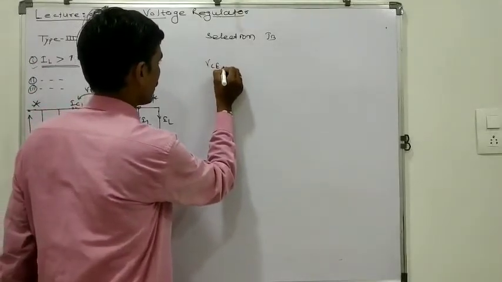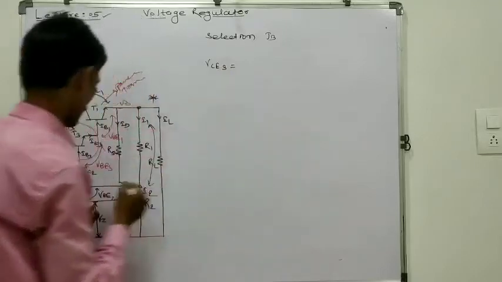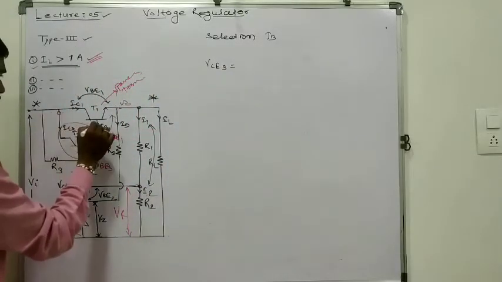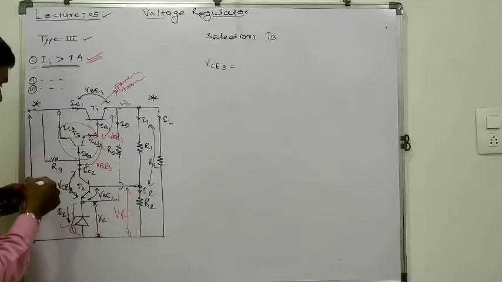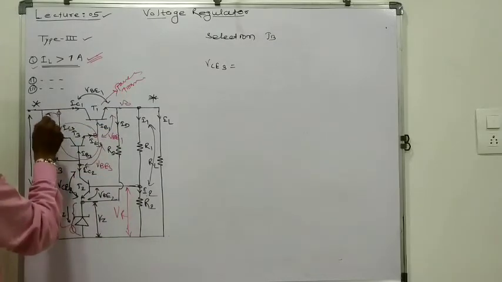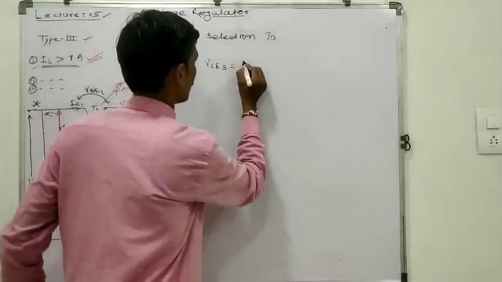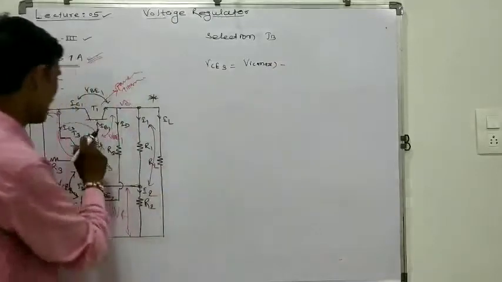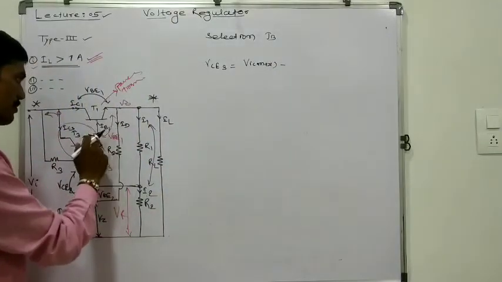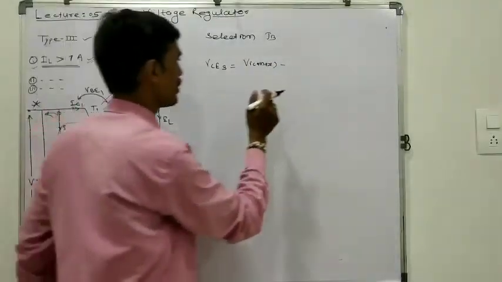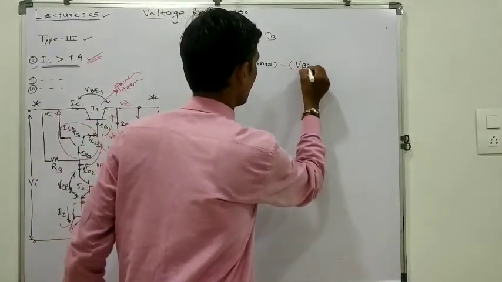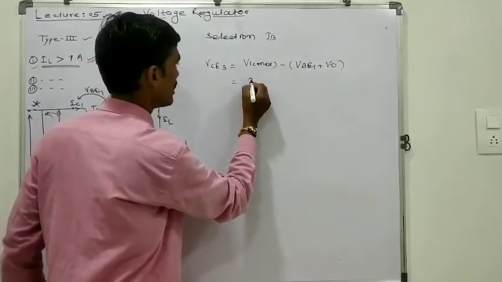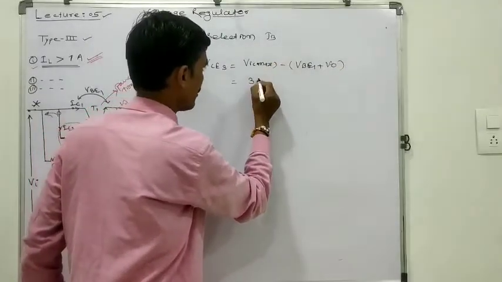For that, VCE3 is equal to the voltage available at this point minus the voltage available at this point. So it is VI max minus the voltage at this point, which is VB1 plus VO. VI max we know is 25 plus minus 5, so the maximum value is 30 volt.